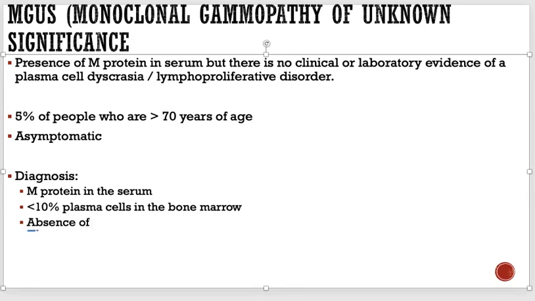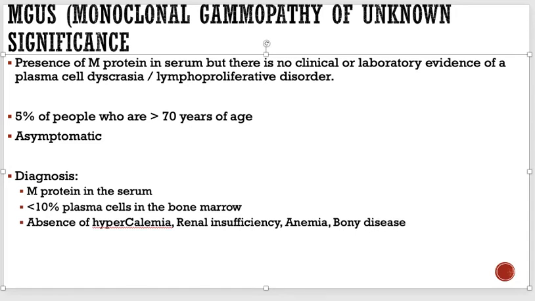CRAB is a mnemonic. C is for hypercalcemia. R is for renal insufficiency. You will understand what I'm talking about once we start with multiple myeloma. A is for anemia and B is for bony disease.